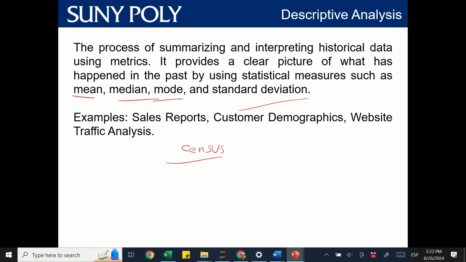So that's just counting discrete variables. So if you're just computing some metrics, that's what we call descriptive analysis. There are other examples. If you want to analyze sales reports only with metrics, like the total amount of money or some percentages, that's descriptive analysis.